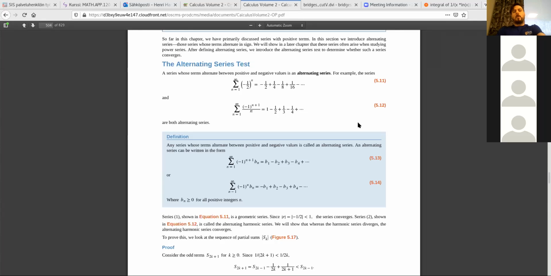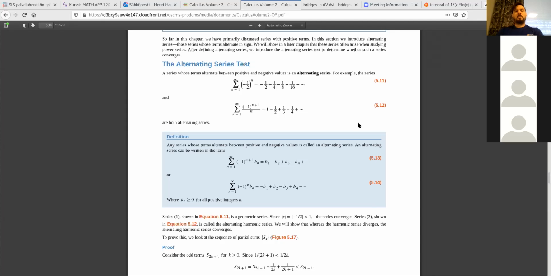Examples: (-1/2) to the power of n, so you have -1/2 plus 1/4 minus 1/8 plus 1/16 and so forth. Or (-1) to the power of n plus 1 over n, so you get 1 minus 1/2 plus 1/3 minus 1/4 and so forth.